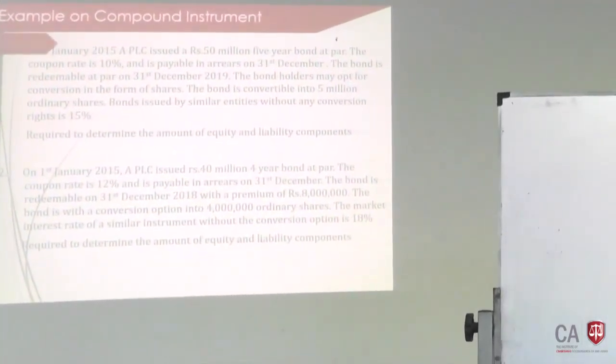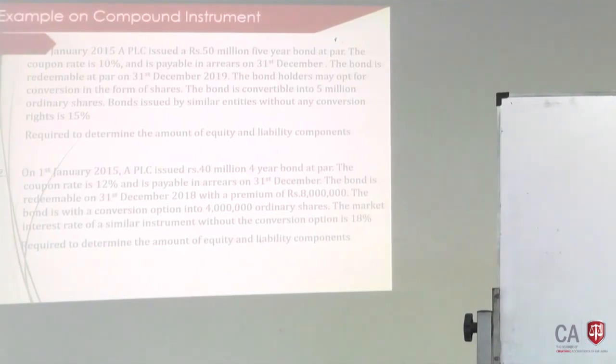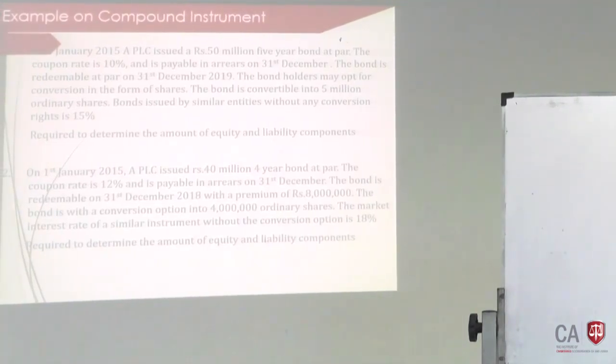The coupon rate is 12% and is payable in arrears on 31 December. The bond is redeemable on 31 December 2018 with a premium of 8 million. The bond is with a conversion option into 4 million ordinary shares. The market rate of interest of a similar instrument without the conversion option is 18%.